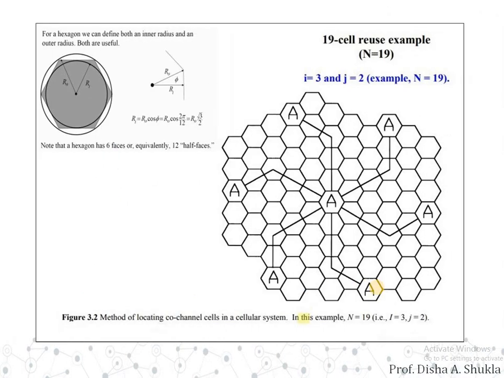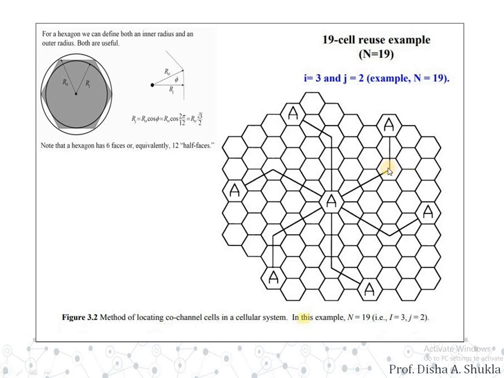Say for example we have a particular cell over here, that is our cell A. Now i is the number of cells that will be in the straight line. Here, this is the first cell, this is the second cell, and this is the third cell. So i is equal to 3, and j is the number of cells at a 60 degree turn from the third cell.